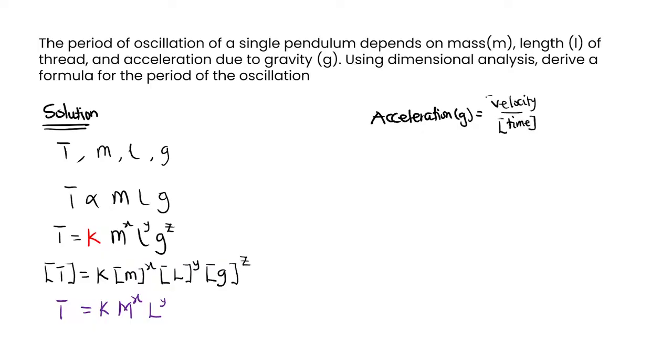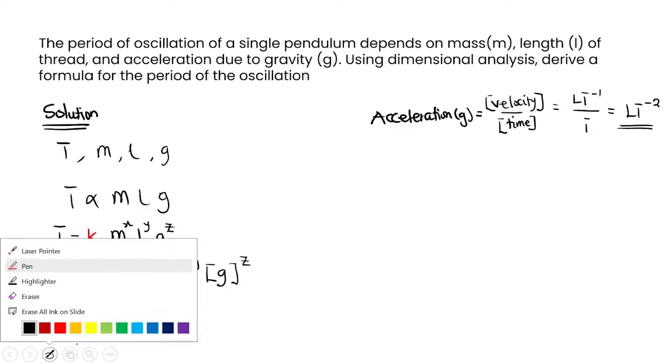Yesterday we established that for velocity, the dimension is LT^-1, and then the time at the bottom here is T. So the dimension for acceleration, which is the same as acceleration due to gravity in this case, will be LT raised to the power minus 2. So this becomes the dimension for acceleration due to gravity.